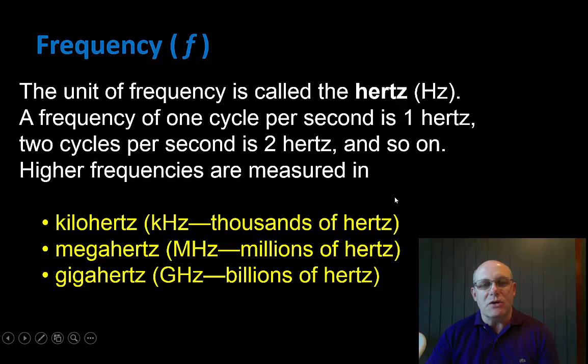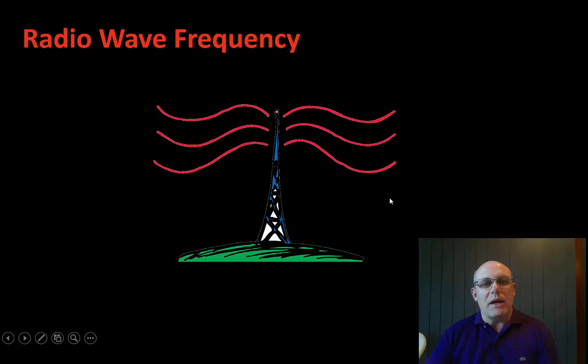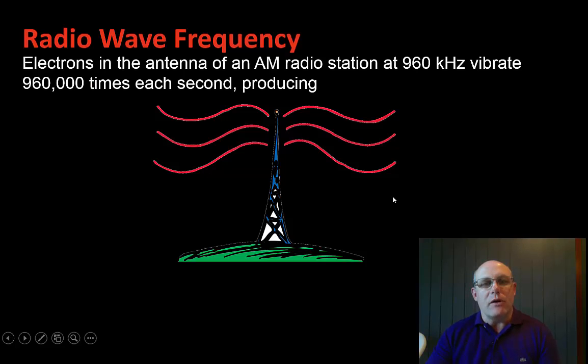There'll be definitions or subtitles that you actually see. An example of that would be a radio frequency. If we've got an AM station at 960 kilohertz, that means the electrons vibrate 960,000 times every second to produce that sound.